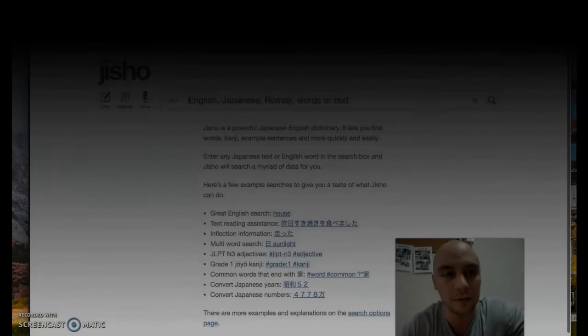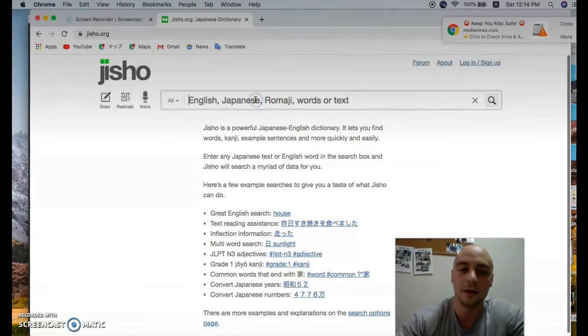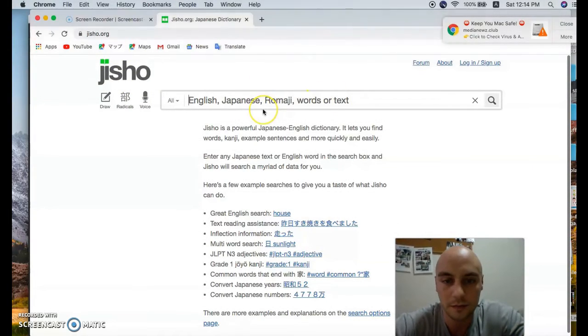And so I just wanted to elaborate more on that a little bit using this Japanese dictionary website. And let's just think of a random word, say marriage.